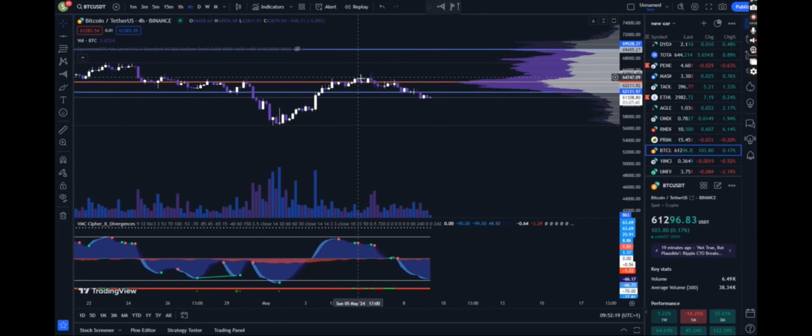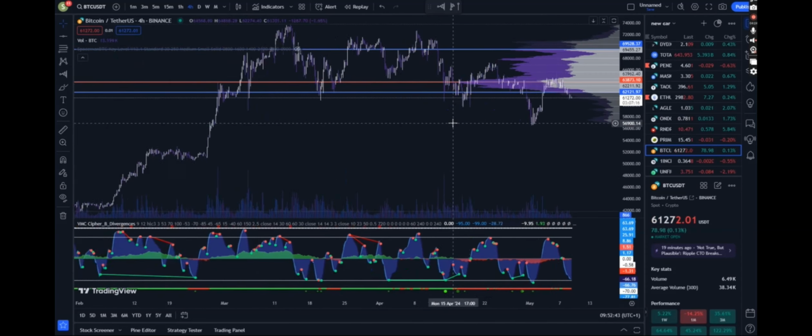So at the minute, we're trading below the value area low. So you want to wait for a confirmation, you know, use cipher, see if we can get a green dot coming in round this area where money will start to flow back in.